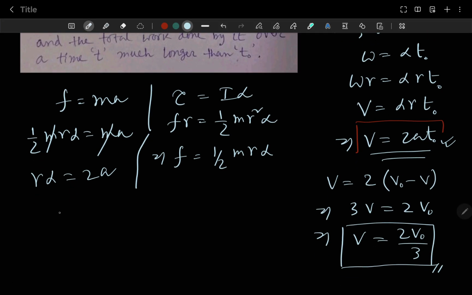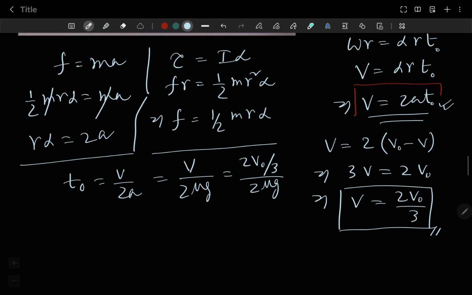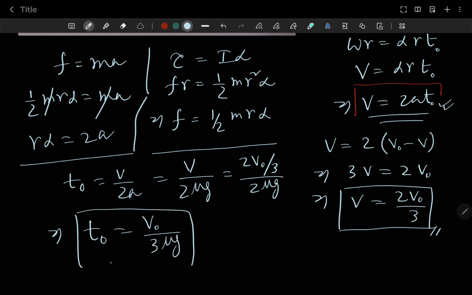So t0 is v by 2a. Now a is mu g, we have done it in the previous problem also, so it is v by 2 mu g. Now put the value of v, it is 2v0 by 3 by 2 mu g, so t0 will be v0 by 3 mu g. So this is the time after which the disk starts pure rolling.